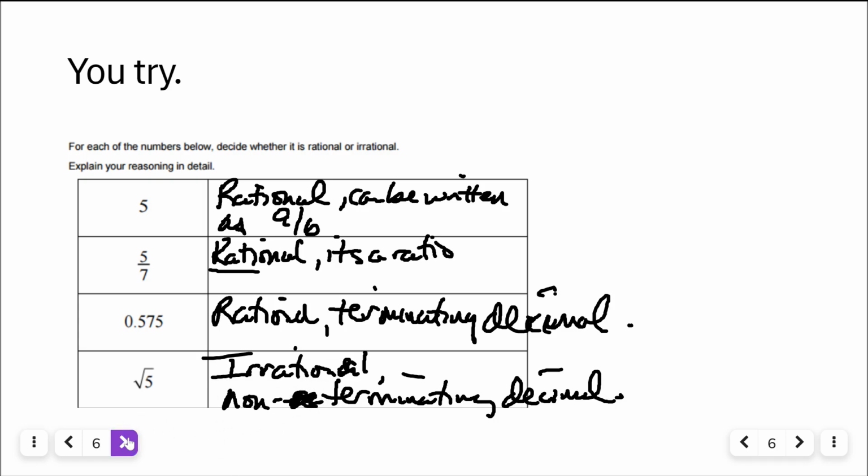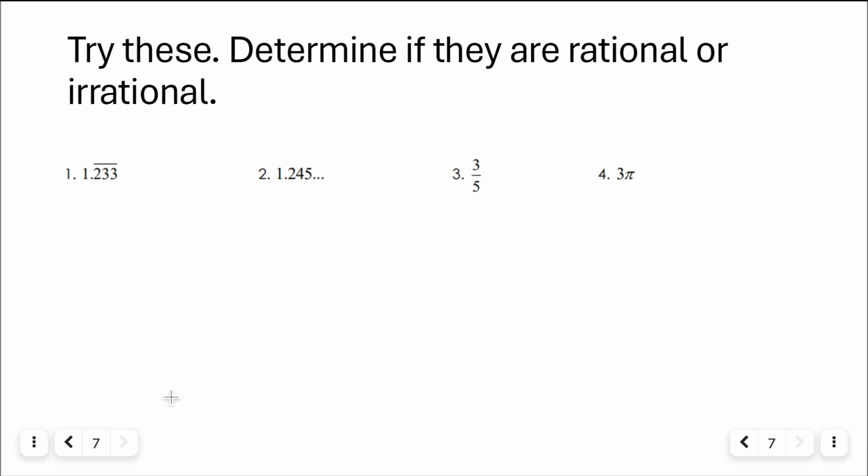All right. So far, so good, hopefully. Okay, same idea. Determine if these are rational or irrational. 1.233 with the bar on top, that will be rational. Okay, it's a repeating decimal. 1.245, and then it goes on. That's irrational.